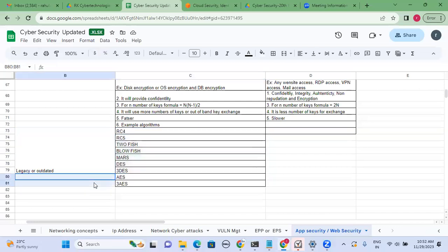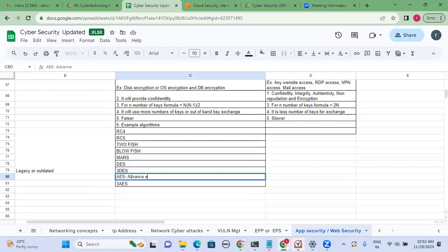What is the strongest cryptography algorithm we have to use right now? AES or 3AES. AES full form is Advanced Encryption Standard, and 3 is a version number, Advanced Encryption Standard, same. And DES full form is Data Encryption Standard.